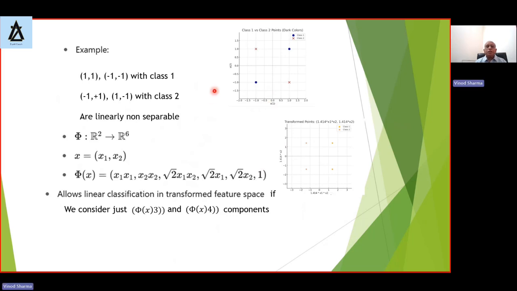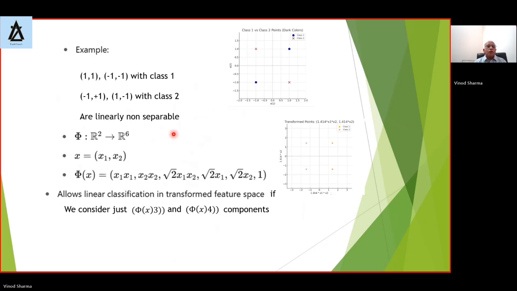This is x1, this is x2. The cross is class 2, and the blue points are class 1. Now you can see very clearly that this data is not linearly separable. You try it yourself and try to find any linear hyperplane which will separate these properly.